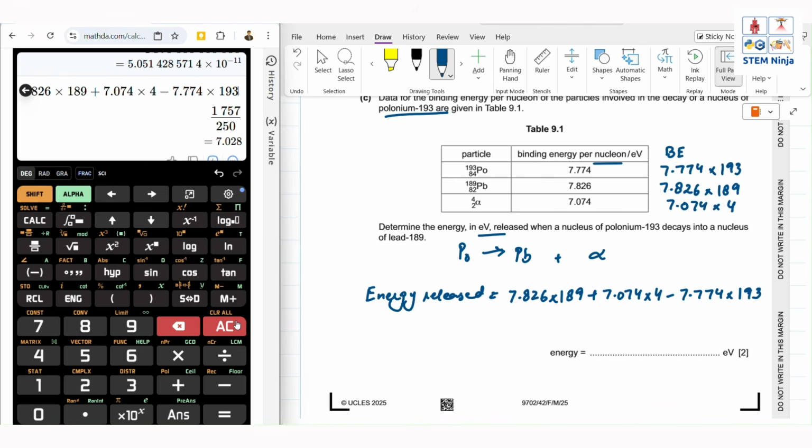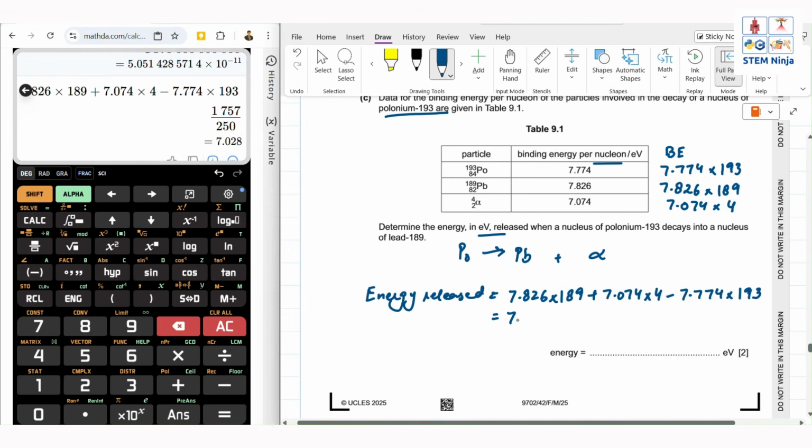So we get 7.028, or 7.03. We can also write electron volts.